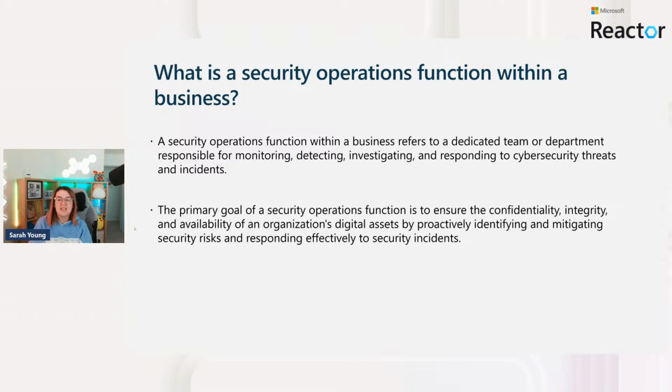And the main goal of security operations, of course, is to, in the moment, check that security is being maintained. And if we go back to the CIA triad, it's that the confidentiality, integrity, and availability of an organization's assets are being maintained so the business can run. And if there is a security incident, they will respond to it effectively.